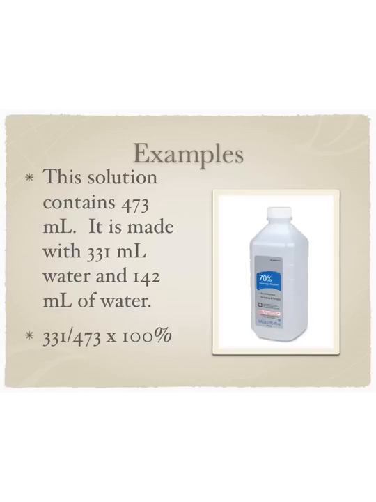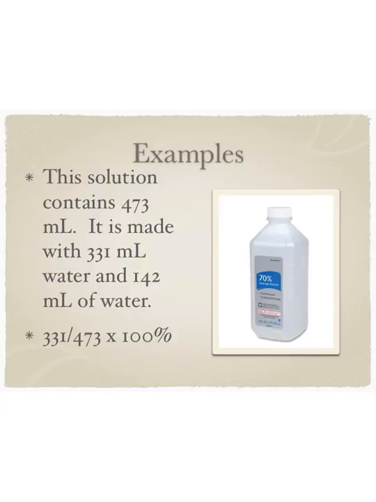So here's an example at the store. Well, now you probably couldn't find it in the stores. It's 70% isopropyl alcohol that they use for cleaning and medical things, bug bites, that kind of stuff. So when you go to the store, there's two strengths of it. There's 70% or 91%. So if we wanted to look at this one, we would take the total volume in here, which is 473, and it's 70% rubbing alcohol.